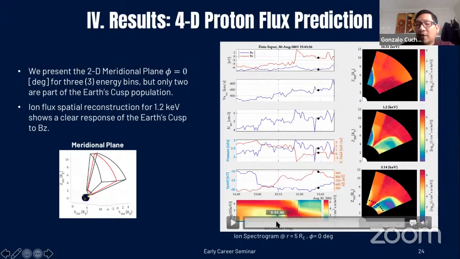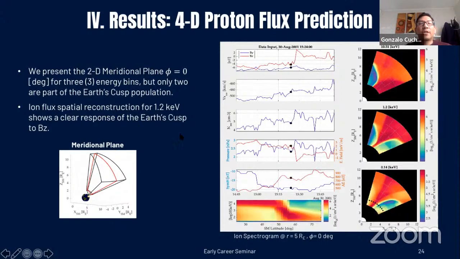So what we are expecting is a change in the latitude of the cusp, and as you can see, it is moving to higher latitudes. So this model is useful to investigate this kind of physics that we are expecting in the cusp.